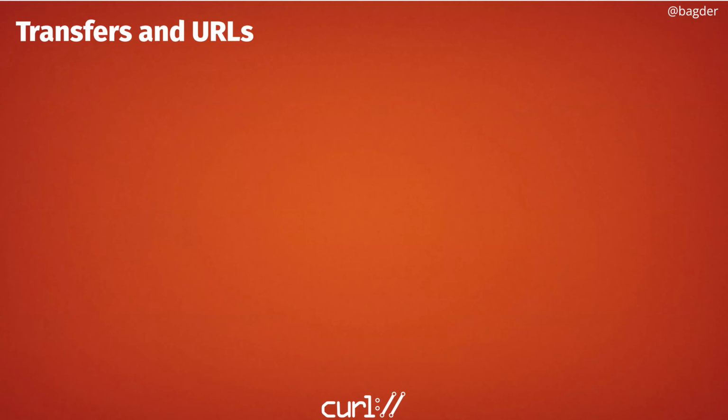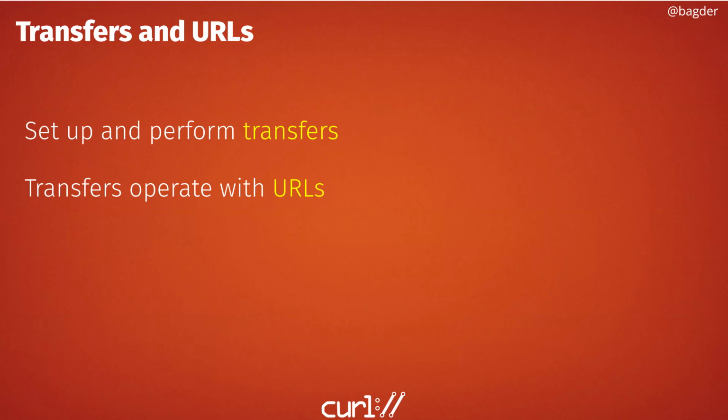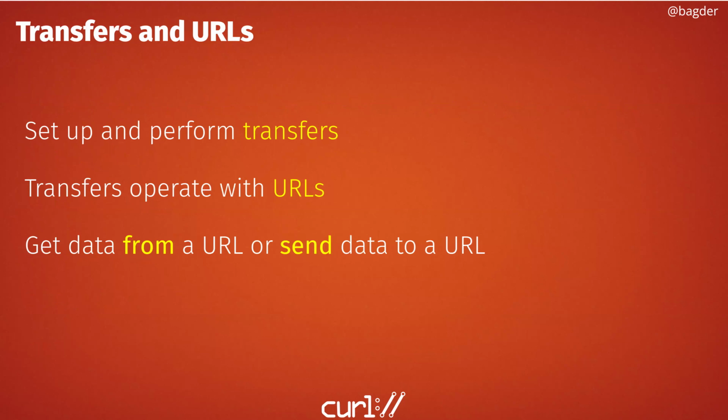So the API principles is basically you set up and perform transfers with libcurl. It's made to do transfers. So upload, download. You operate with a URL. You get stuff from a URL, you get stuff to a URL, and that's what you do. And you send and receive data basically with callbacks in libcurl.